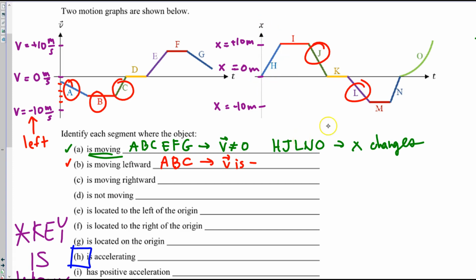How about the position graph? Well, what does it mean for position if you're moving leftward? Think about a number line, right? Here's my number line. 0, -2, -4, -6, +2, +4, +6.